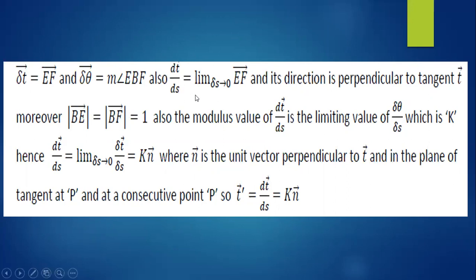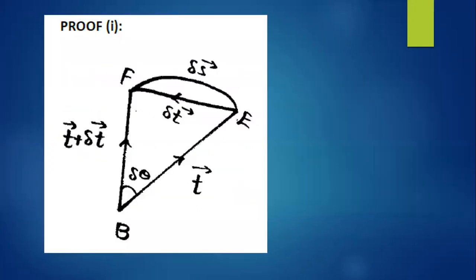However small the change delta s in arc length, EF is perpendicular to the tangent. So this delta t over delta s is perpendicular to t.